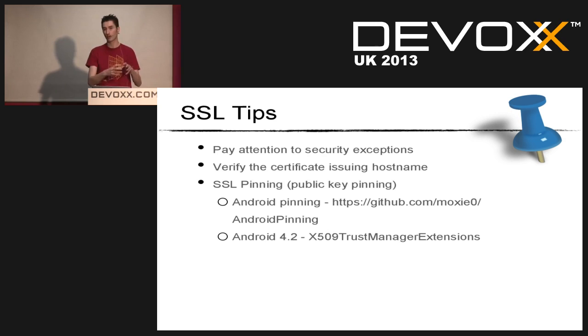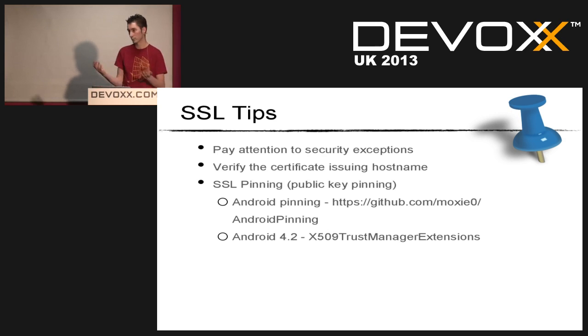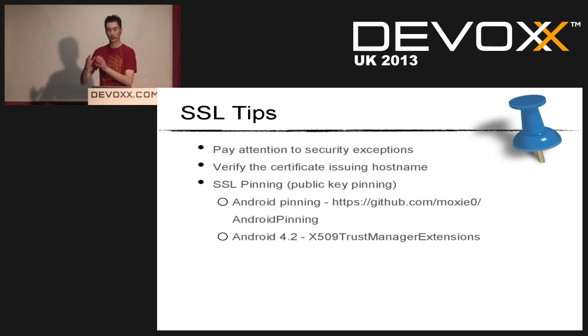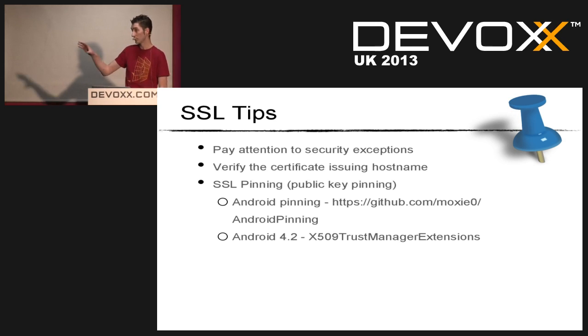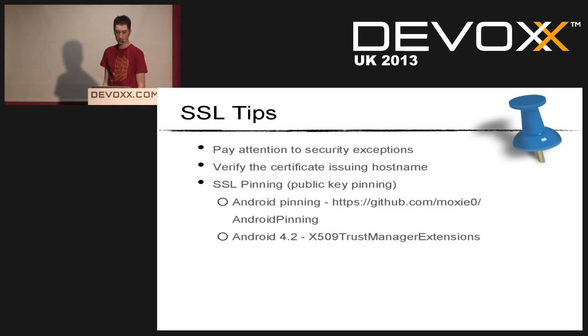So if one of those is compromised, then suddenly your SSL certificate validation goes out the window. But if my certificate was signed by VeriSign, I can pin to VeriSign, and so I only trust that one authority. So it just limits your exposure.